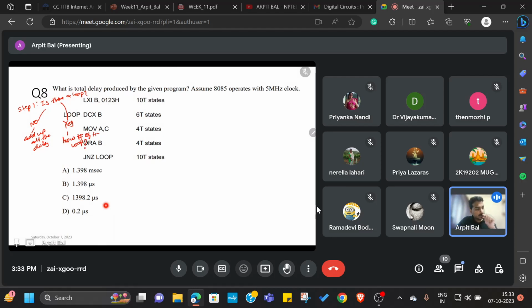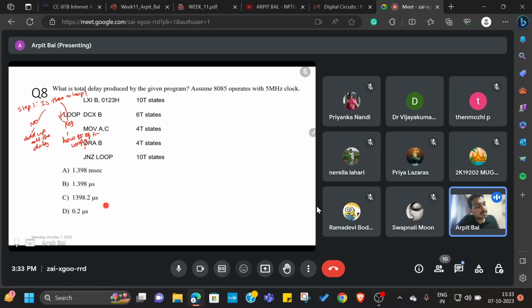Let us go step by step. First, is there a loop? Yes, there is a loop. Now how many times is this loop going to be executed? Let us see the condition of this loop.